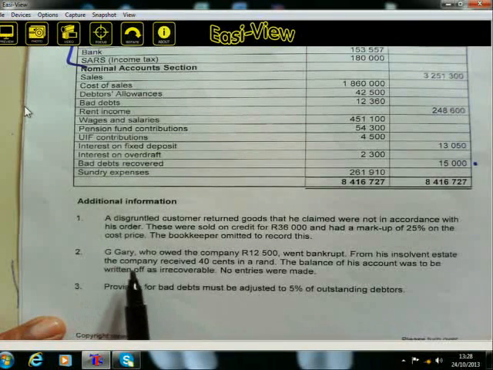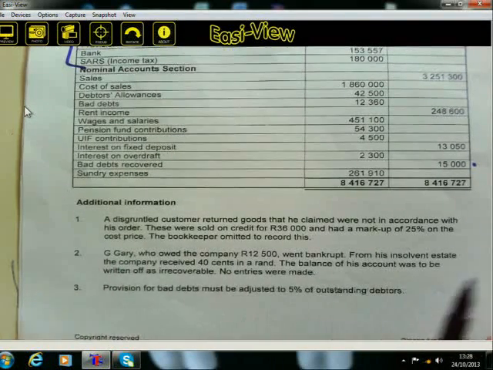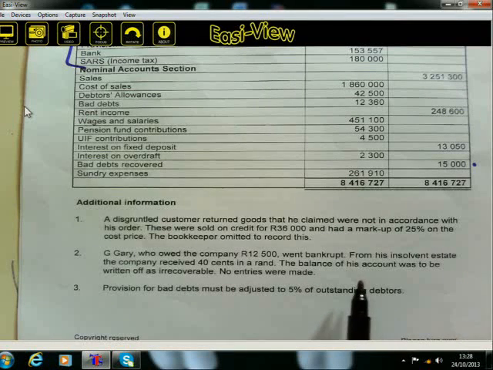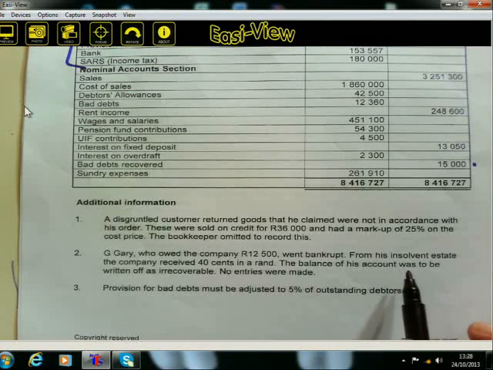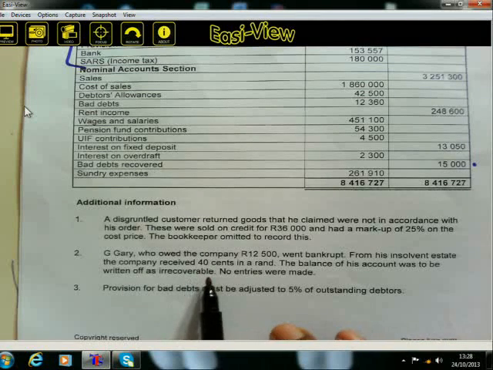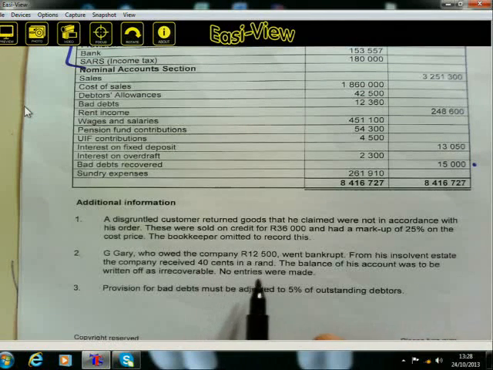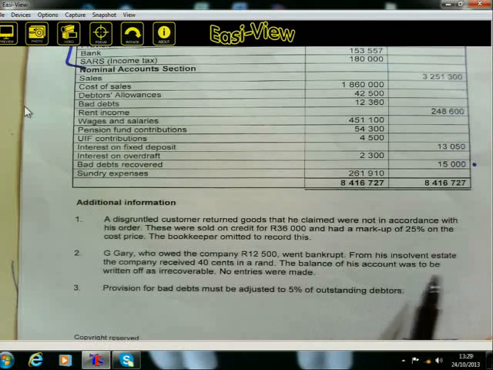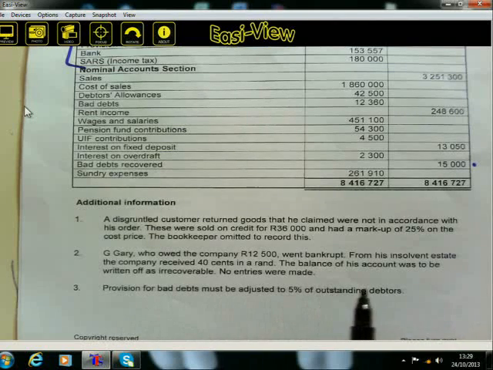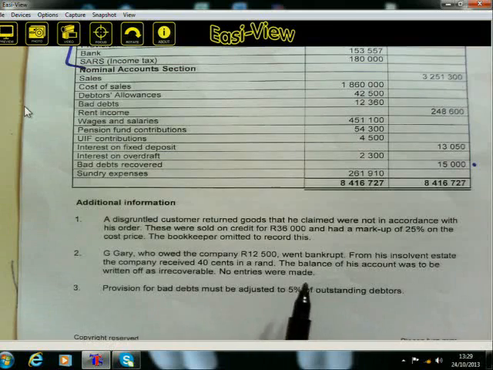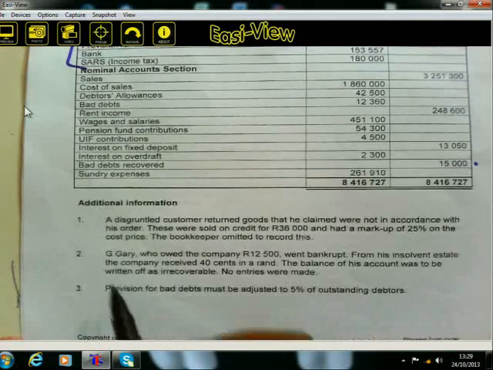Now the second one: Gary, who owed the company 12,500, went bankrupt. From his insolvent estate, the company received 40 cents in a rand. The balance of his account was to be written off as irrecoverable. No entries were made. Even though this one does not affect our trade creditors and other payables, remember in this situation we'll have to calculate the amount to be written off as bad debts.